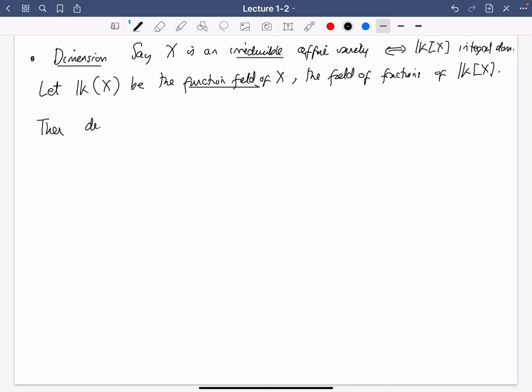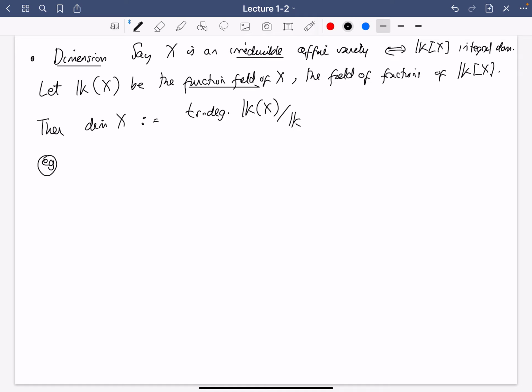And then you define the dimension of X very simply to be the transcendence degree of its function field over the ground field k. So this is measuring the number of elements in a transcendence base for that field extension. So it's kind of the maximal number of algebraically independent elements of that function field over the ground field.